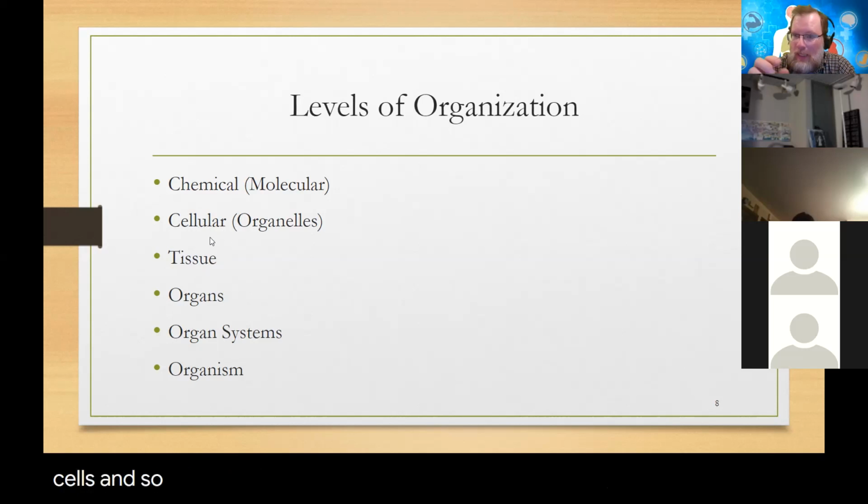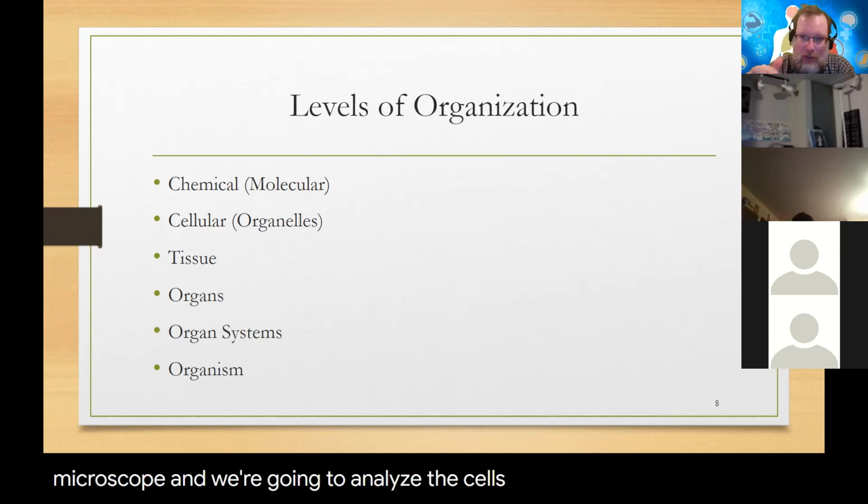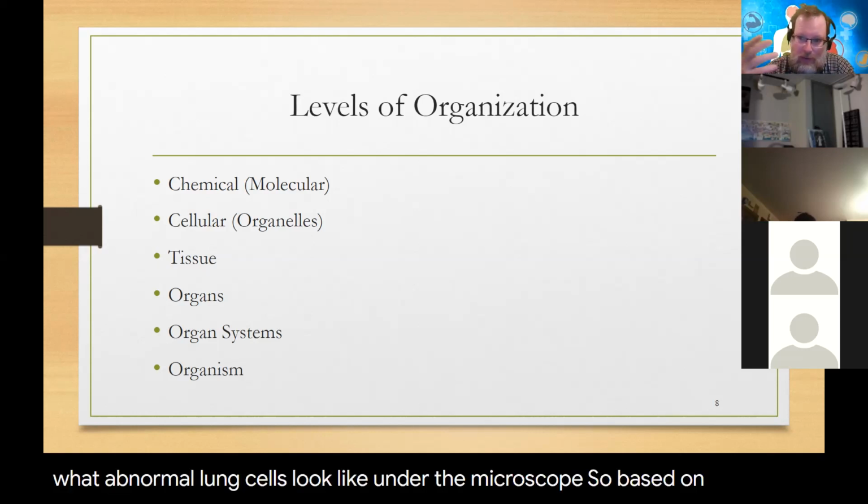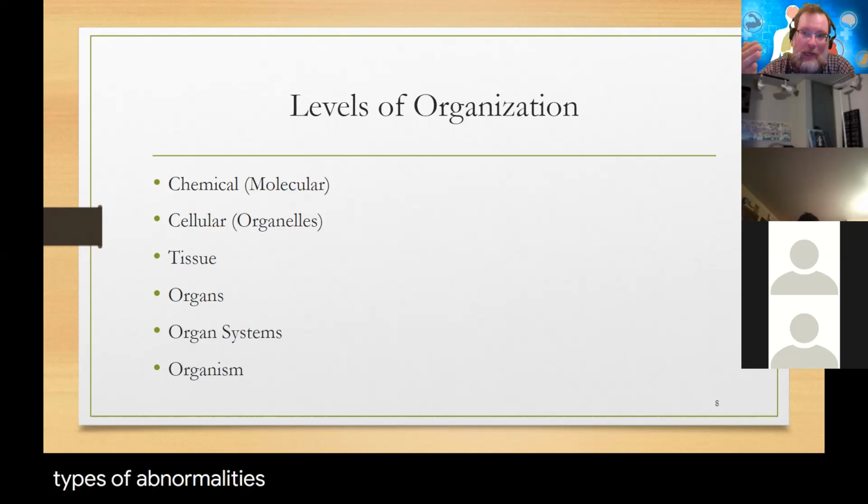And so when we take that tissue sample, we're going to look under the microscope and we're going to analyze the cell structures of that tissue sample. And we know what normal lung cells look like under the microscope. We know what abnormal lung cells look like under the microscope. So based on certain types of abnormalities, we may be able to determine, we can even just look at numbers.